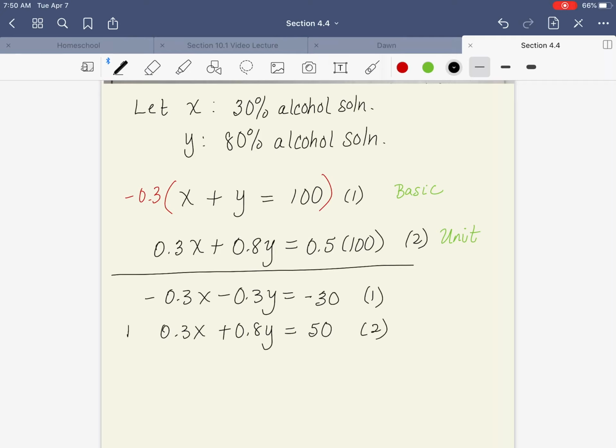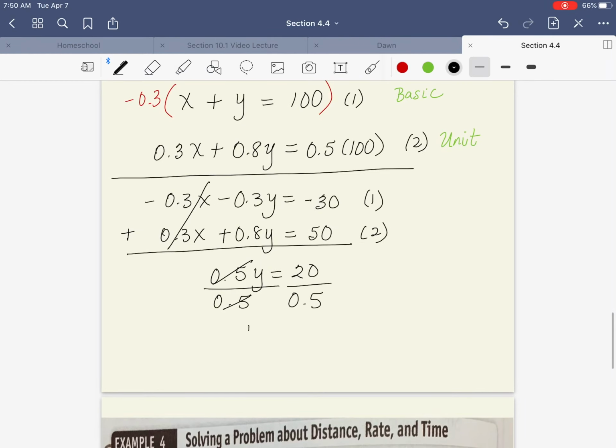All right, so now I can add these two equations, and the x's will cancel out. So I get 0.5y is equal to 20, and divide both sides by 0.5, and you get y is equal to 10.